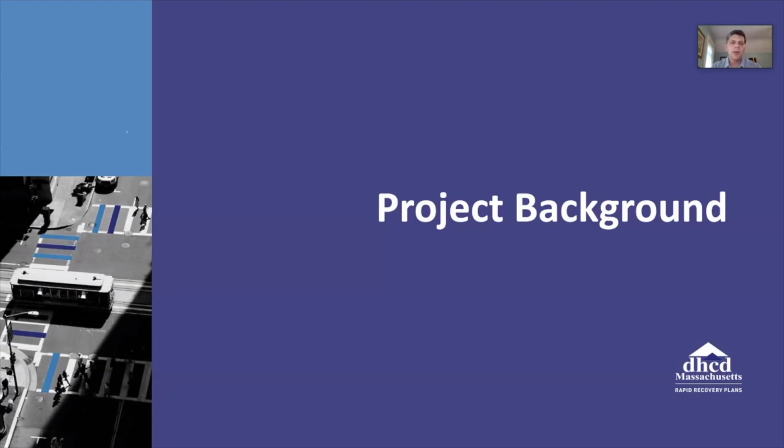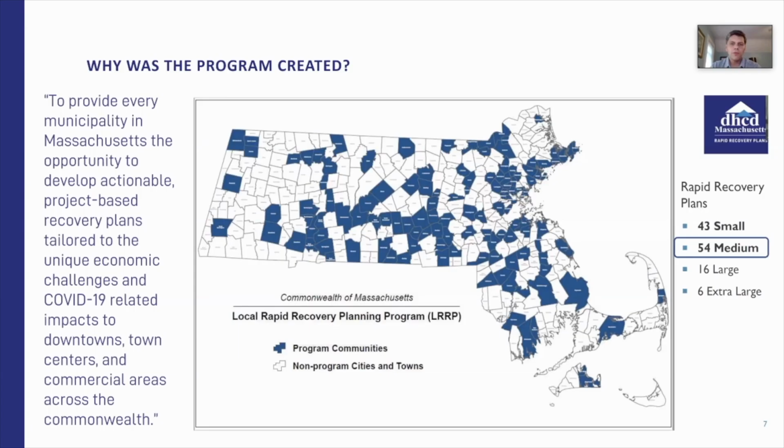Let me briefly summarize for you first how we got here. The program, as Michael illuminated, is a pretty significant statewide program. Over $10 million in technical assistance has been designated by DHCD. We are one of those technical assistance consultants, and we're working for Marshfield, which is designated as a medium-sized community. There are over 120 communities receiving these grants.